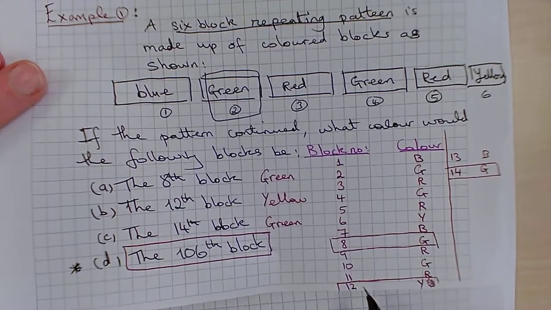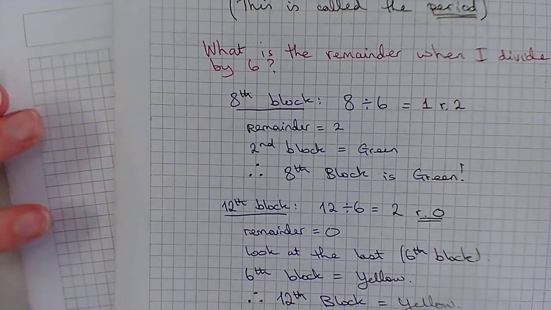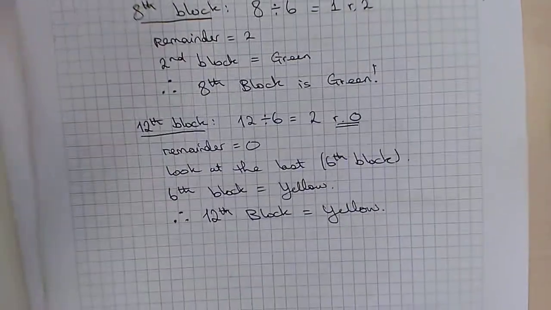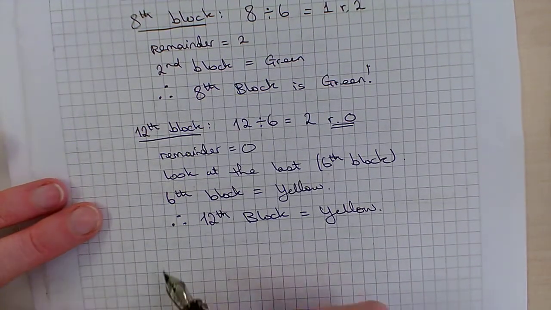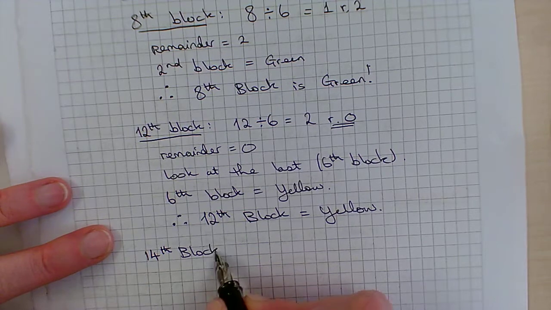And then if we look back at our table here, we can see that indeed the 12th block was yellow, and the 6th block was yellow, and the 18th block was yellow. And anything that has a remainder of 0, where 6 goes in evenly, will be the last block. Let's check it with the 14th one before we answer the last question.